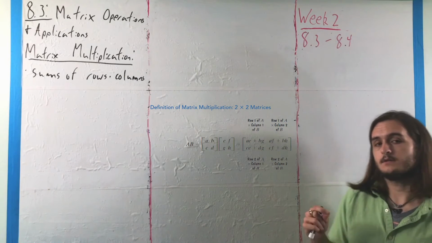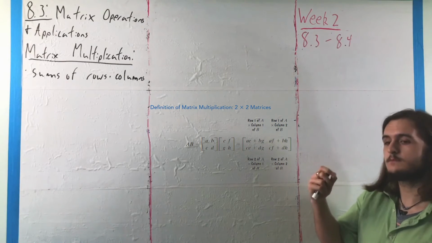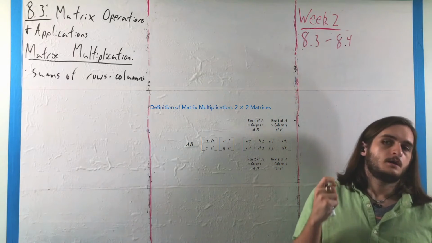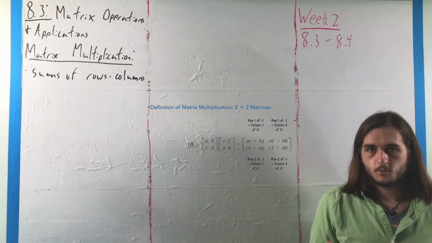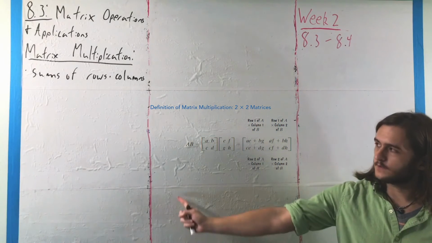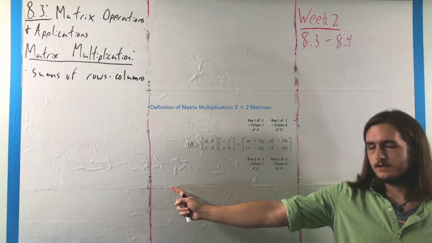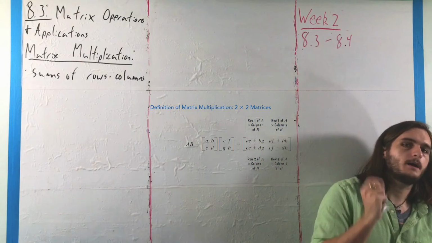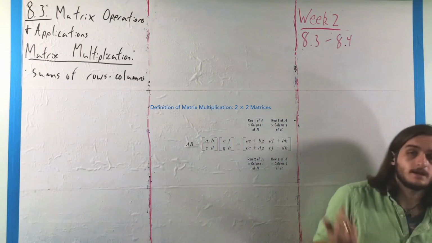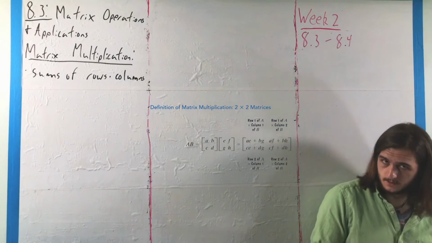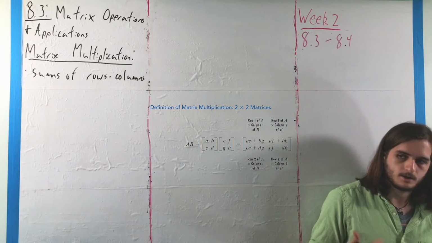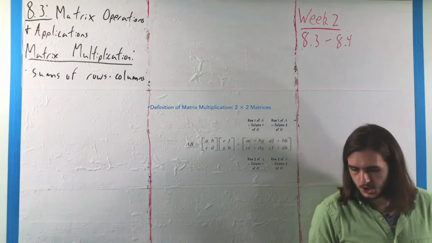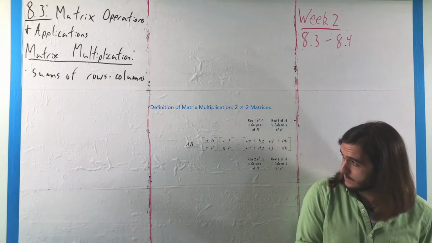But what happens is in terms of each of those spots, we're taking the row from the first one and the column from the second one. So it's kind of like going with that row by column idea, except taking it a step further in complexity, because we're talking about this multiplication idea, so it's a little bit more involved.